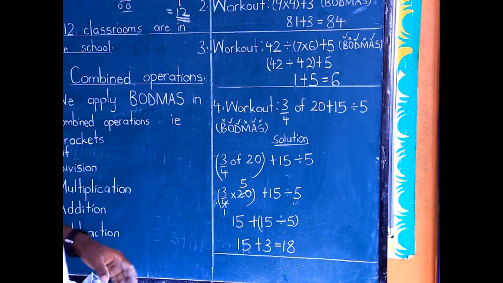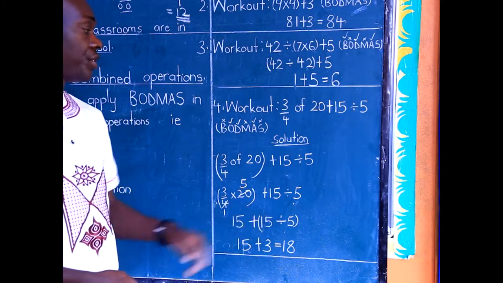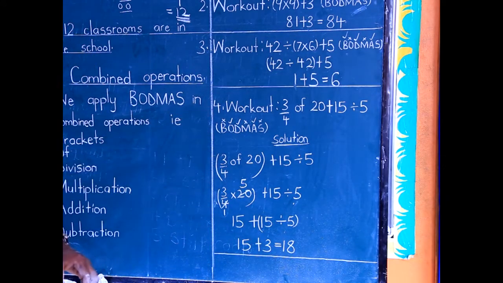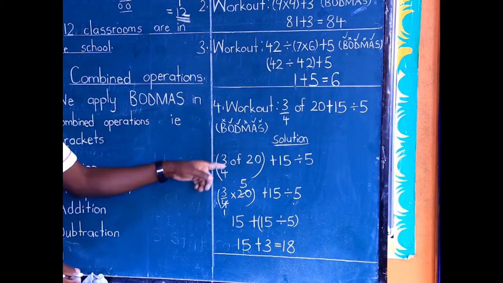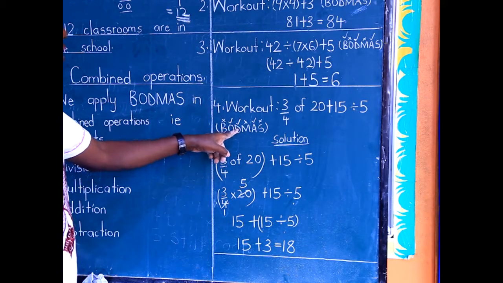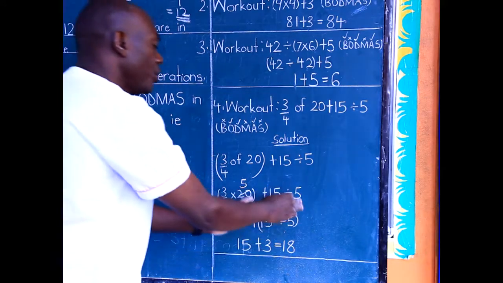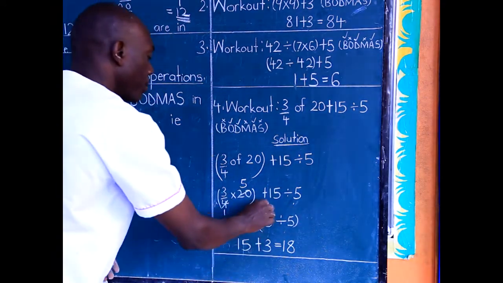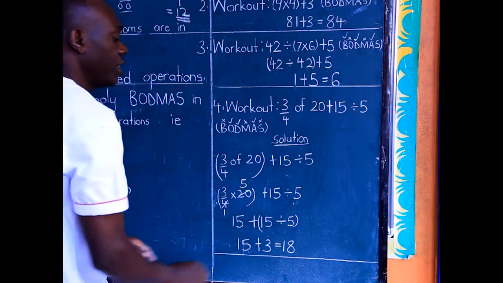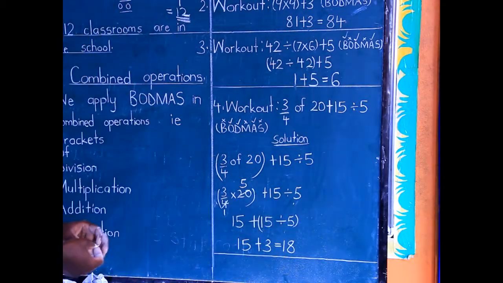Now we are left with 2 operations, addition and division. Go back to your consultant called BODMAS. The of is done. Do I have division? Please do tick that division, meaning you are dealing with division first. Put 15 divided by 5 in brackets to show what to start with.